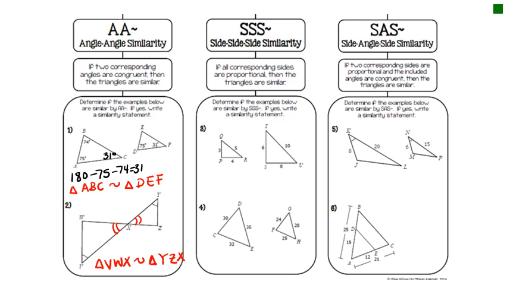So if you have two angles that are congruent in any two triangles, the corresponding angles, then the two triangles are similar. So we can prove that those two triangles are similar by the AA similarity.